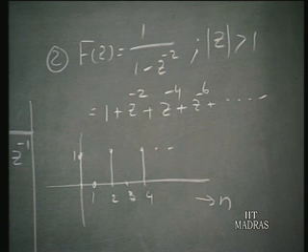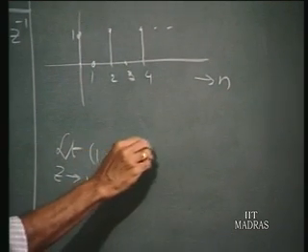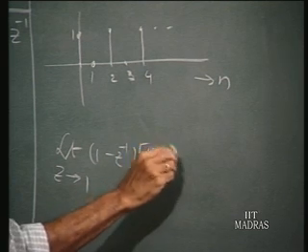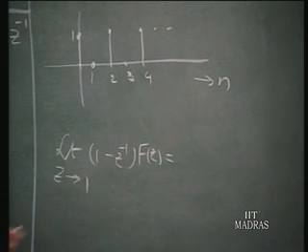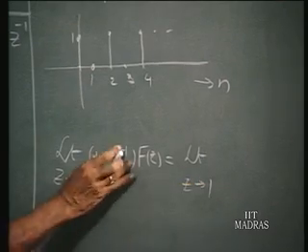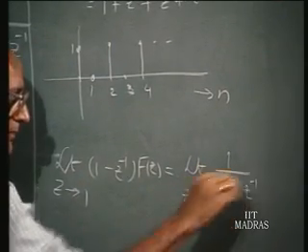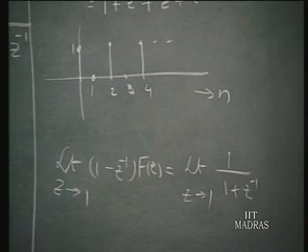Now let us see whether we can apply the final value theorem and get any result. Limit as z goes to 1 of 1 minus z power minus 1 times f of z is obviously the limit as z goes to 1 of, when you multiply this, 1 over 1 plus z power minus 1. And certainly a limit exists for this.